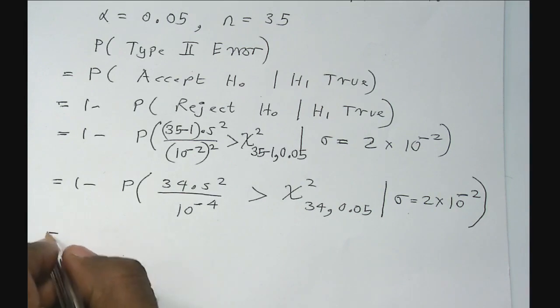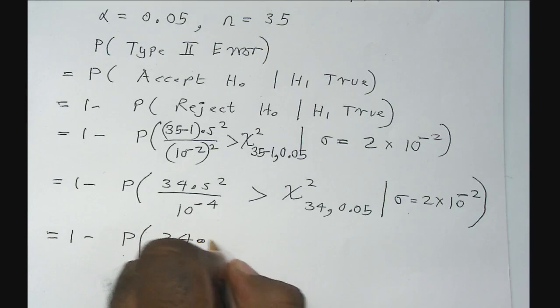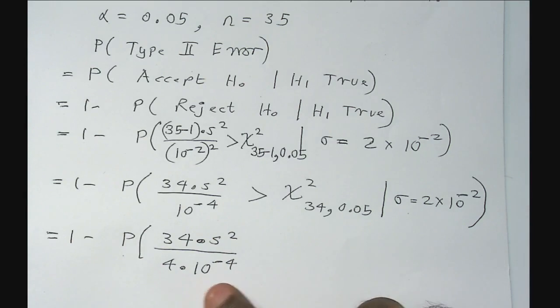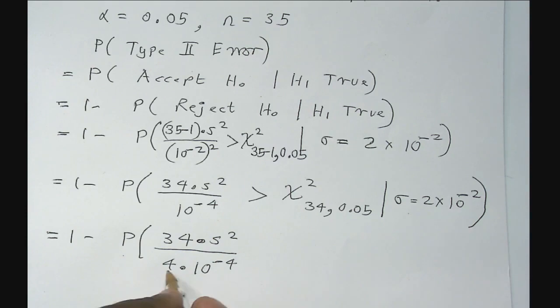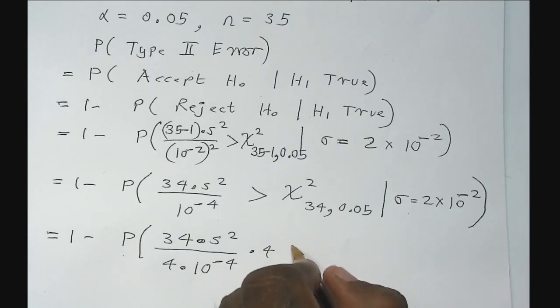So what you must do in the next step is introduce the true variance, which is 4 times 10 to the power minus 4, because sigma is equal to this. Because I divided by 4, I need to multiply by 4.